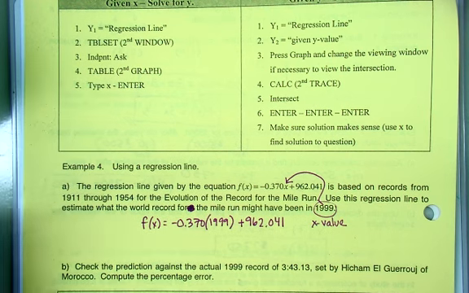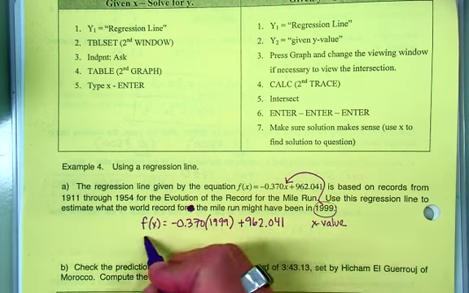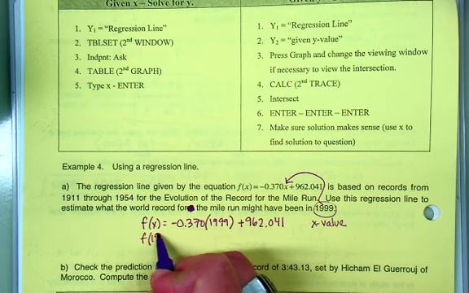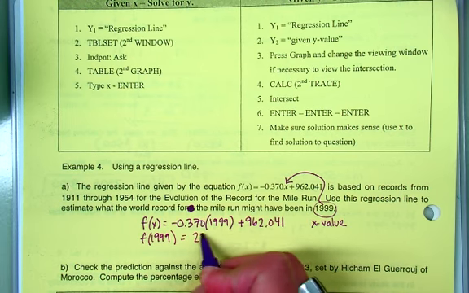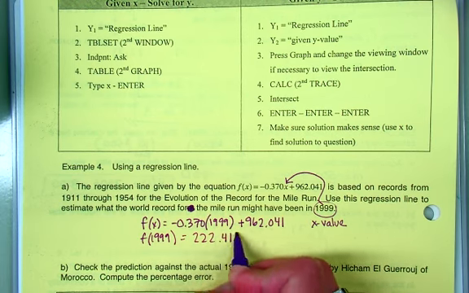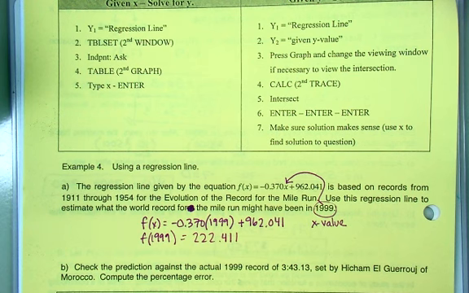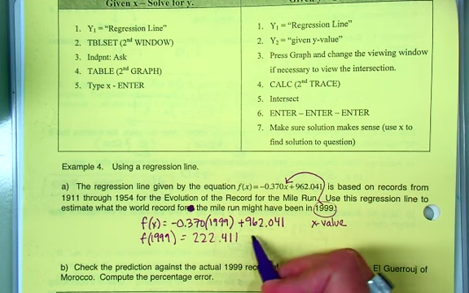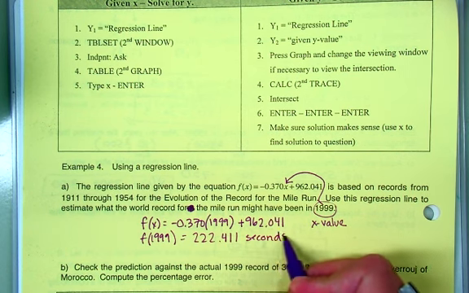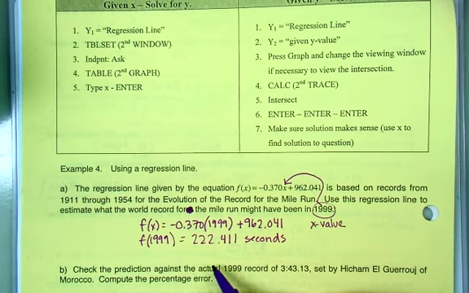And you get f of 1999 is 222.411. This is in seconds, for that mile run, which is how many minutes?